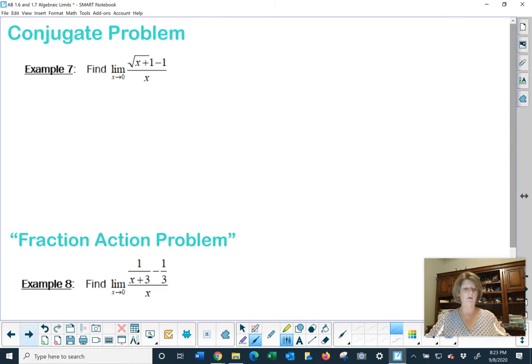Okay, let's just keep on rolling. The next one. So factoring doesn't look like a possibility. I definitely cannot substitute 0 in because I'd be dividing by 0, so that's the easiest method is removed. What I want to do is conjugate this, and it's kind of like rationalizing.